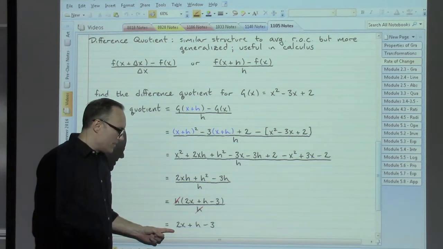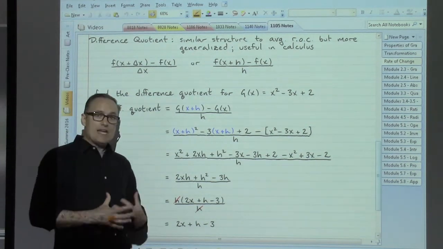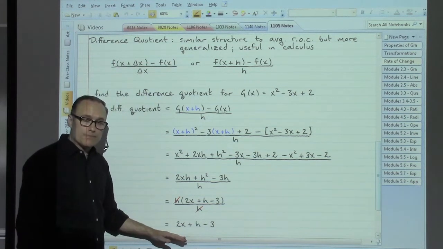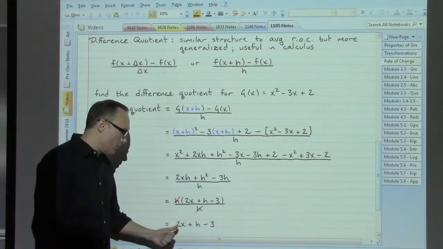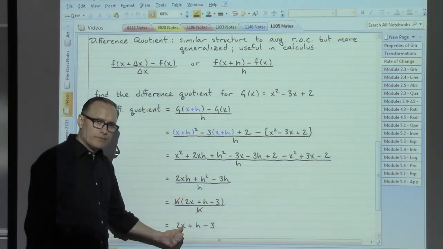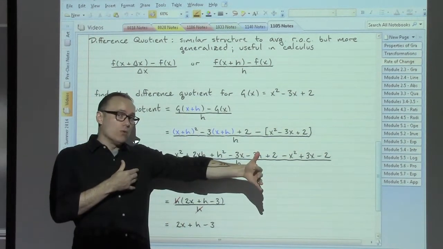What this gives us is a generic version of the average rate of change. And we can pick our starting place. So in that earlier example, we had said, hey, we're going to start at x equals -2. We can pick how far we're going to go.